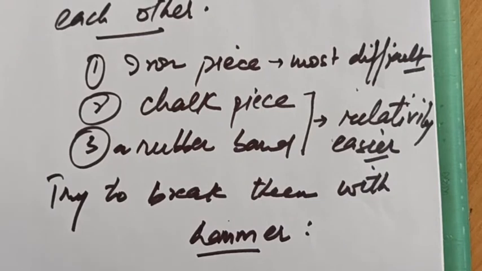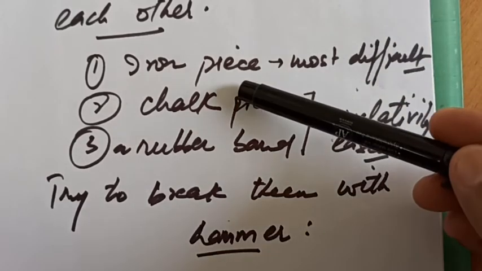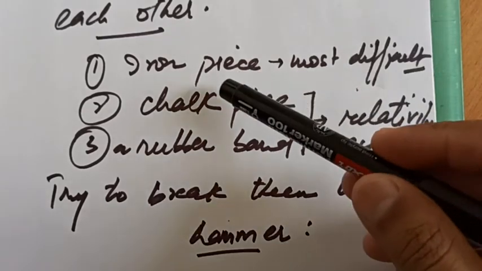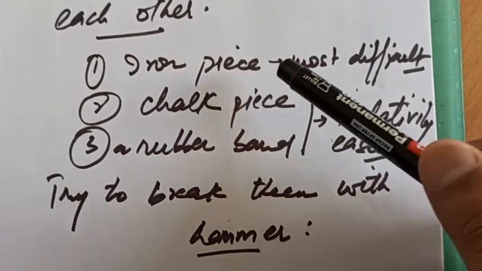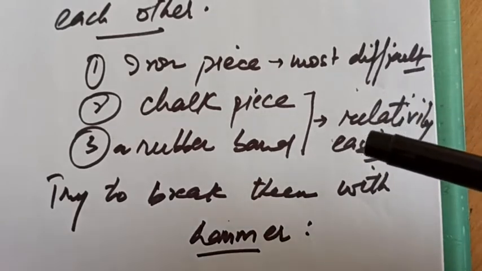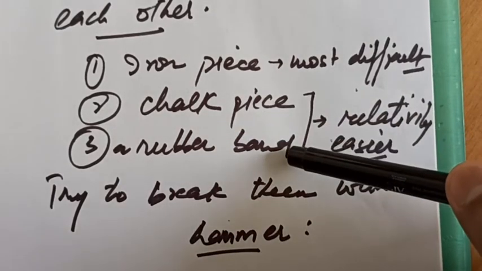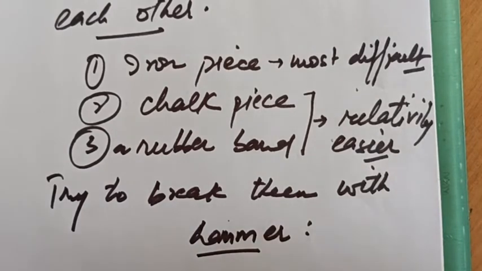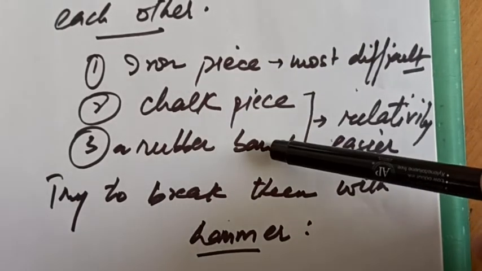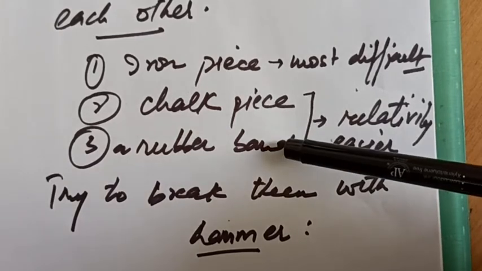What will we observe? We will observe that the iron piece is the most difficult to break as compared to the chalk piece and the rubber band. So from here we can understand that in the iron piece, the particles are held together by strong attractive forces as compared to the particles in the piece of chalk and rubber band. And second, energy is needed to break the iron piece, chalk piece and rubber band, all three.